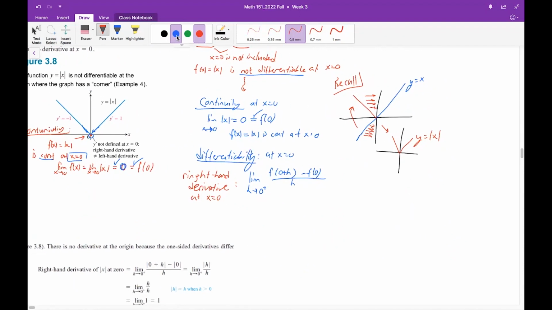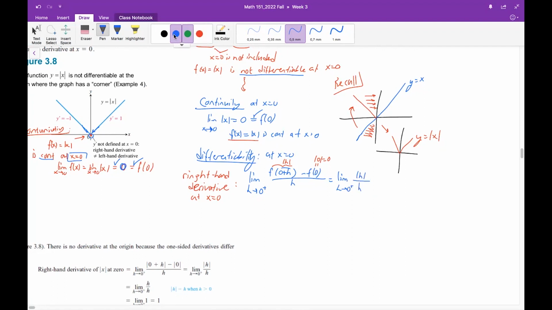Okay, we can easily, quickly compute this limit. Our function is the absolute value function, remember? So this is evaluated as absolute value of h, where f of 0 is evaluated as absolute value of 0, which is 0. That's why we have here the limit as h goes to 0 from the right of absolute value of h divided by h.